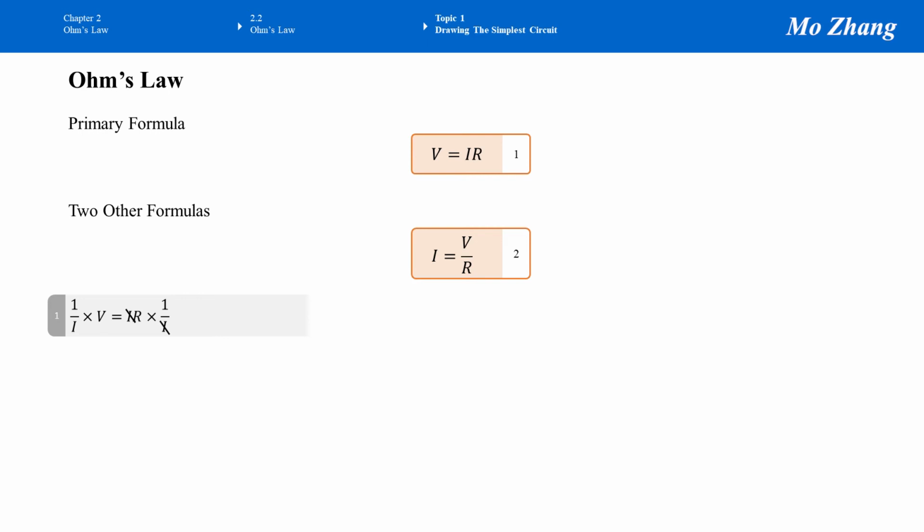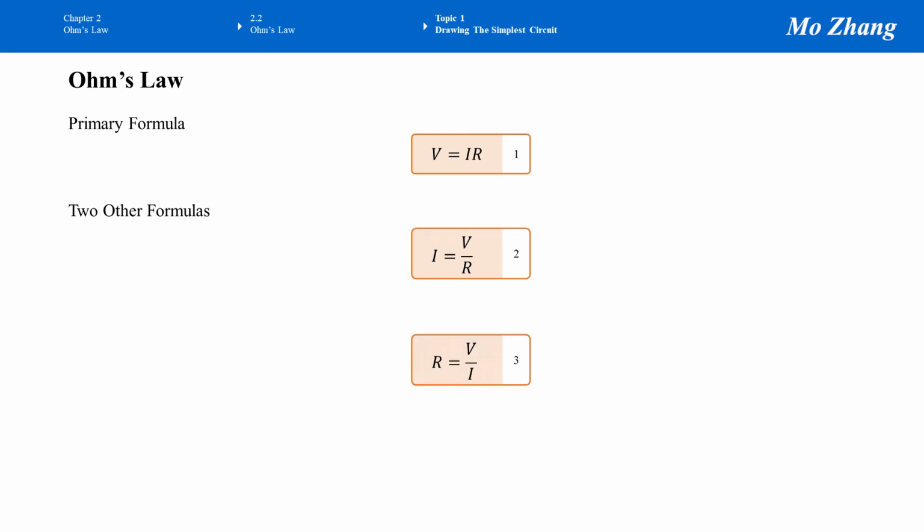On the left-hand side, it becomes V over I. So V over I equals R. If we flip this equation, by interchanging the two sides, it becomes R equals V over I. This is the third Ohm's law formula.